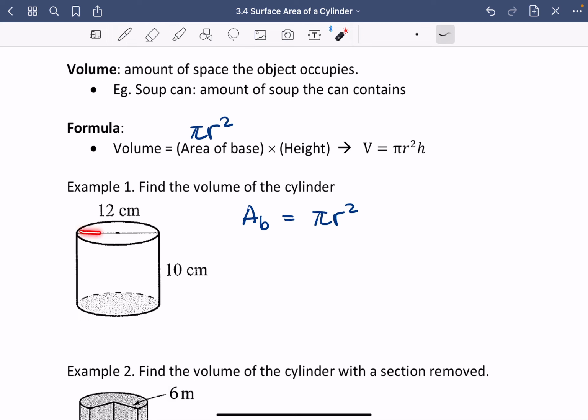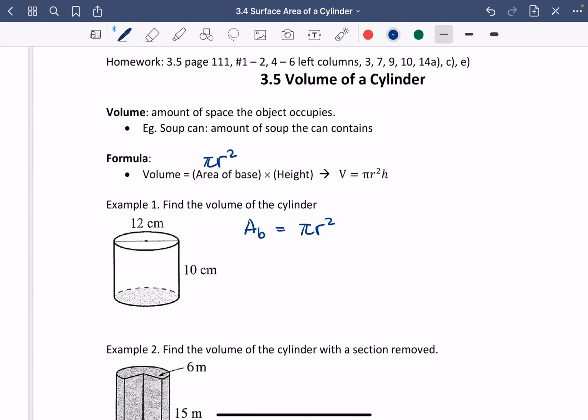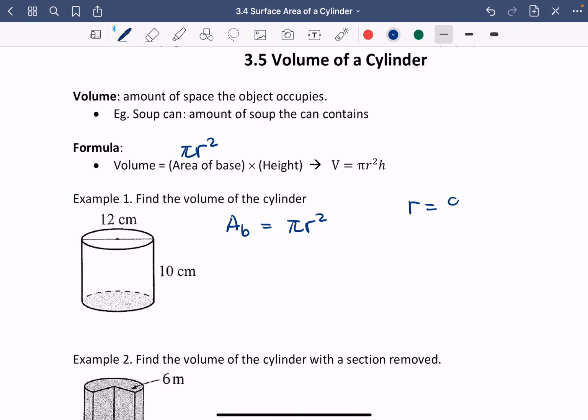Well, we know the diameter is 12, but what is the radius? Again, radius is equal to diameter divided by 2, so 12 divided by 2, that is 6. Okay, so area of the base then is equal to pi times 6 squared. 6 squared is 36, so area of the base is 36 pi.